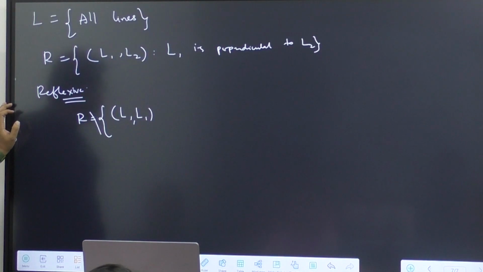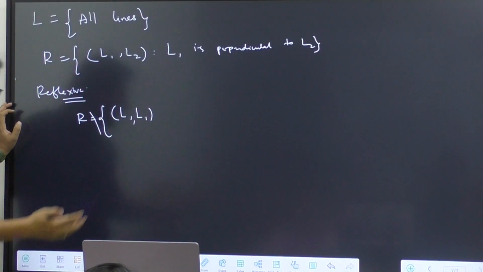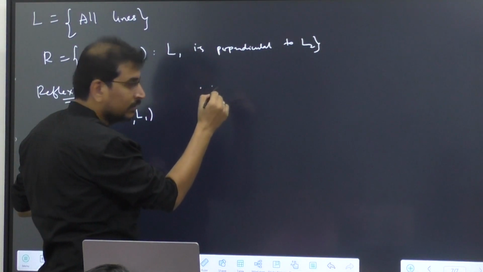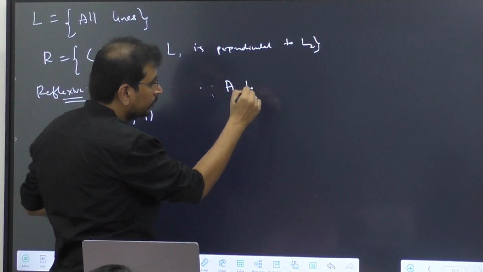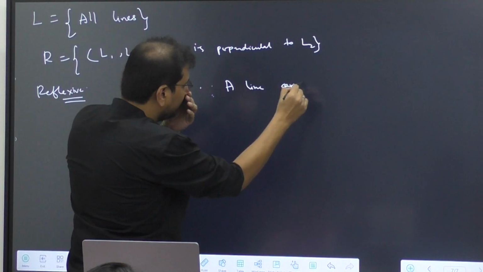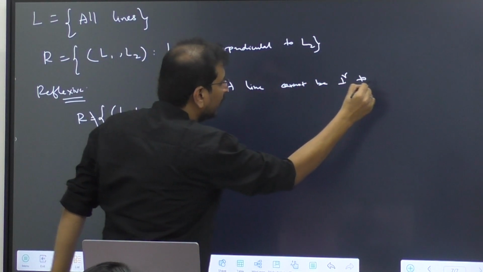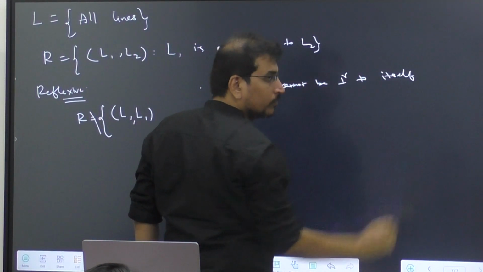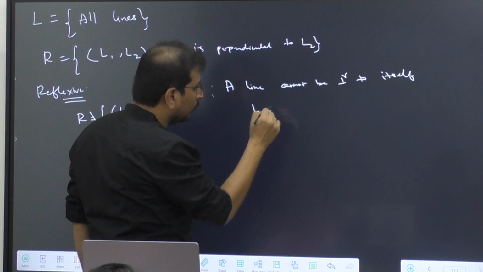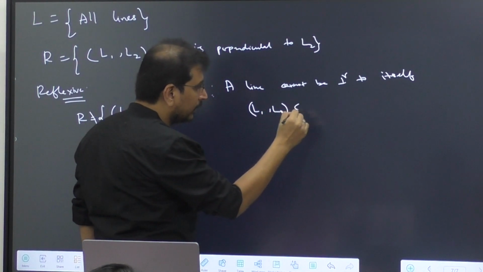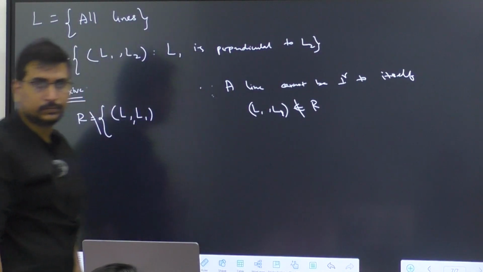You cannot write it. It's not reflexive because a line cannot be perpendicular to itself. So how will you write it? Since a line cannot be perpendicular to itself, L1 comma L1 does not belong to R.